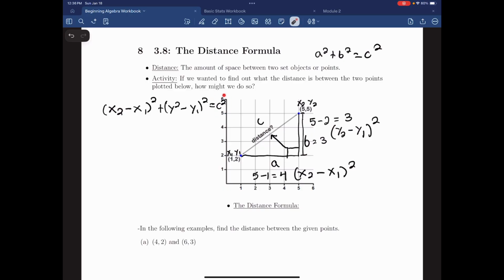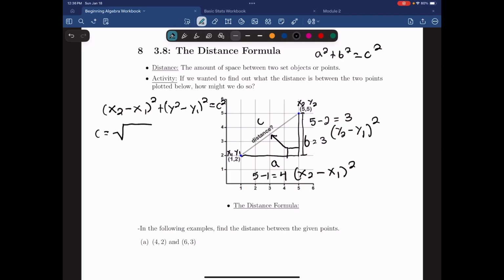Well, to solve for c, we just have to square root both sides. So we get c equals the square root of x2 minus x1 all squared plus y2 minus y1 squared. And that there is the distance formula.